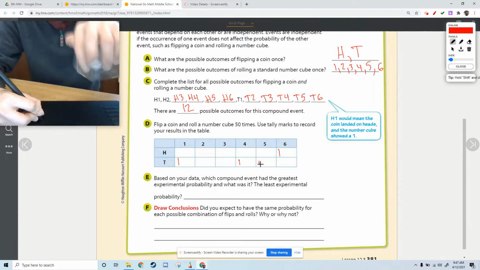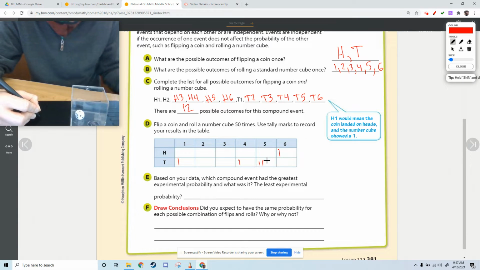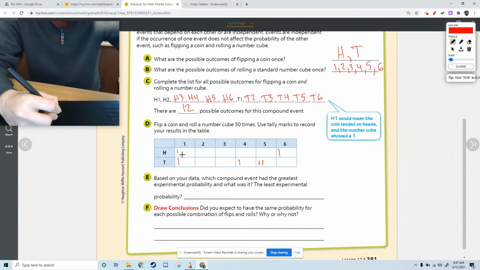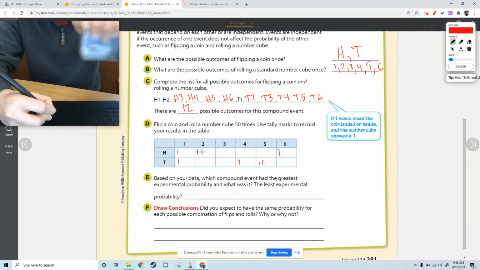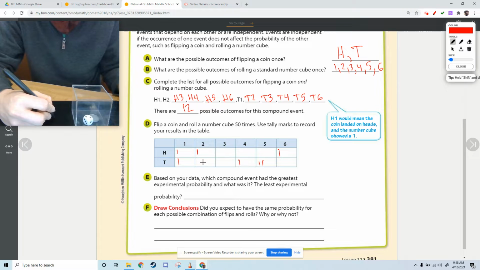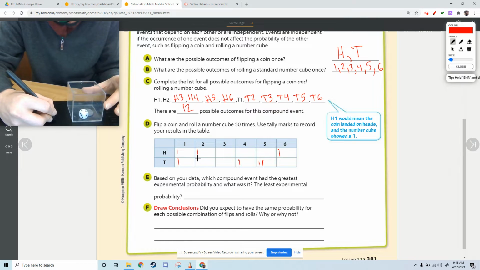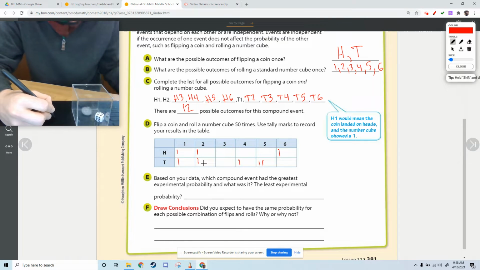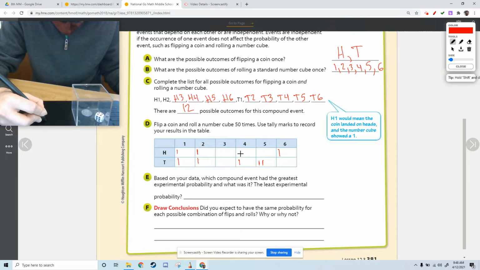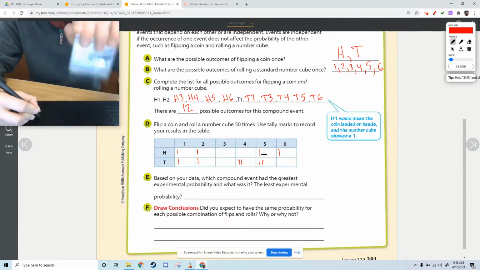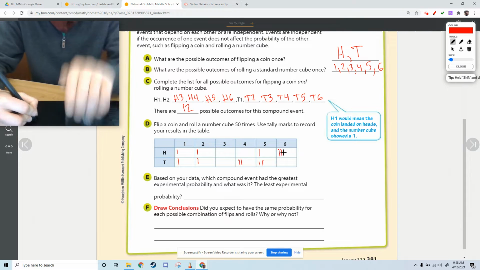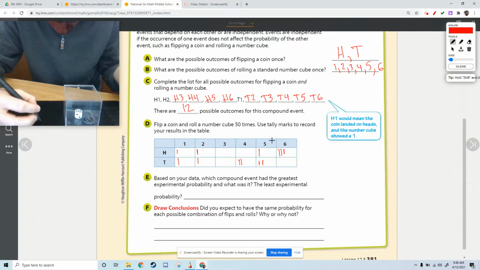5 tails. 1 heads. We got 2 heads. 2 tails. I don't think we'll do 50. 4 tails. Here we go. 5 heads. 6 heads. 6 heads.